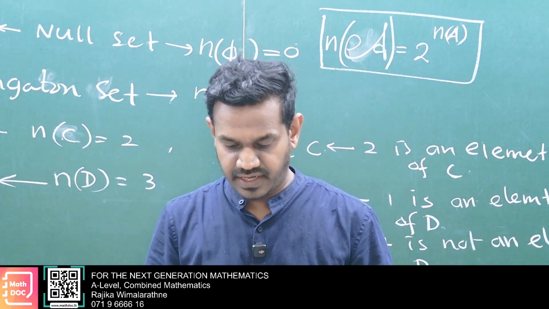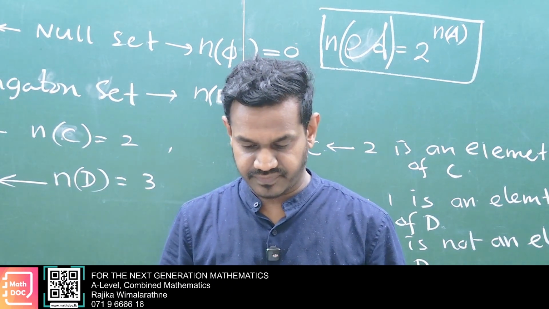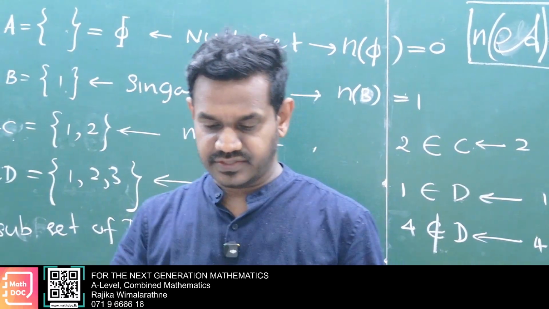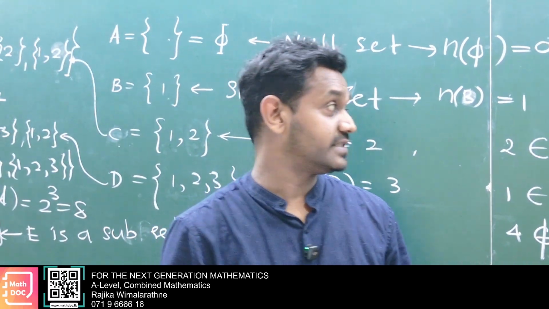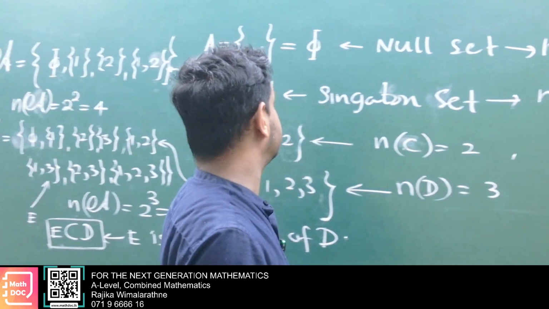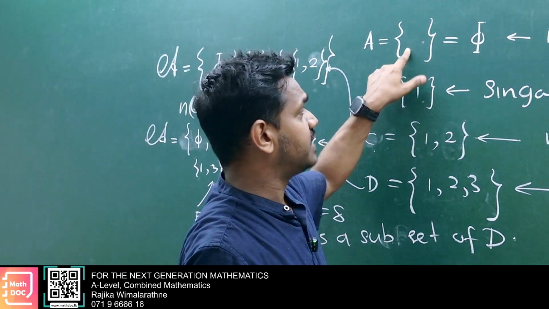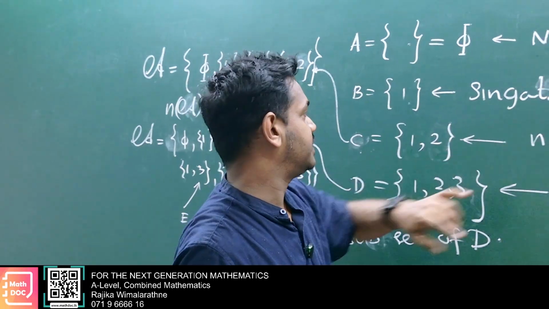Now let's move a little further. Before that, you had better write these examples. There are small spaces by the side now. Again go to this; write this is the null set. Here is a singleton set.